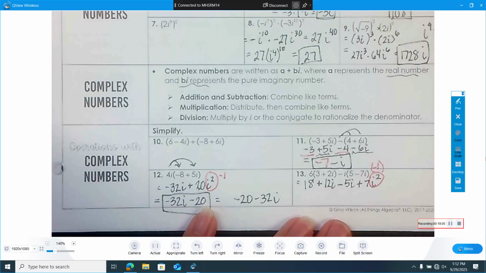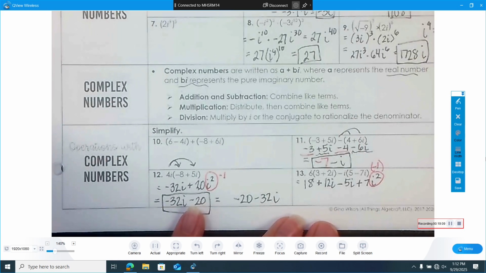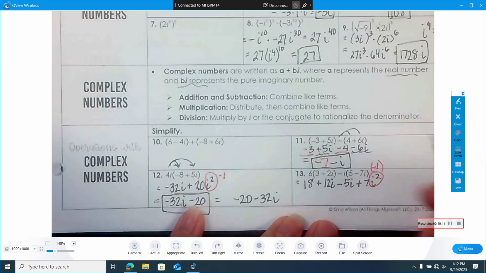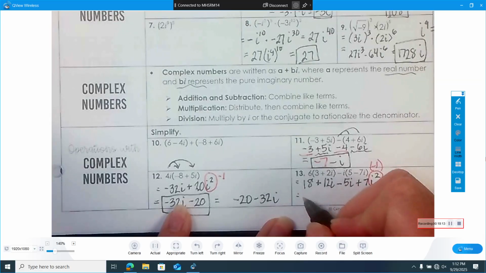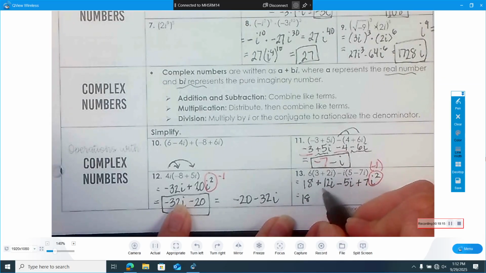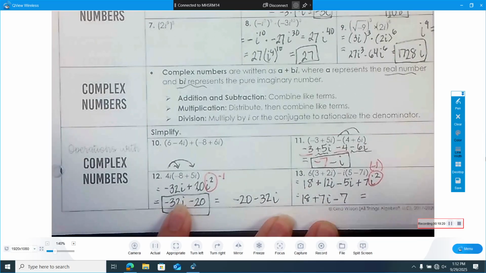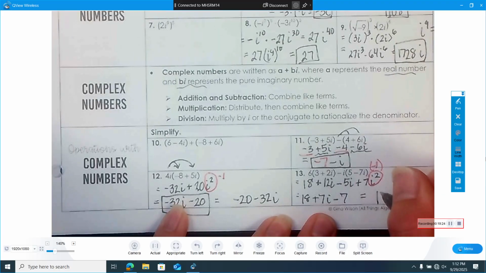You can do that in your head if you want to, but I don't like making mistakes, so I just write it out and fix it. So I have 18, 12 i's minus 5 i's is 7 i's, and that becomes a minus 7. 7 times negative 1 gives you that negative 7. So I'm at 11 plus 7i.